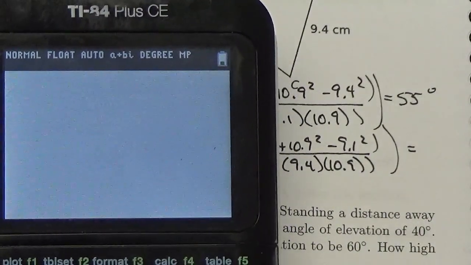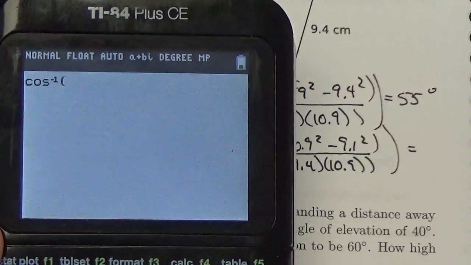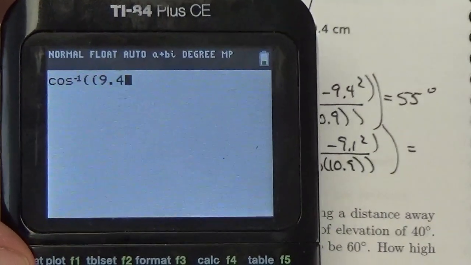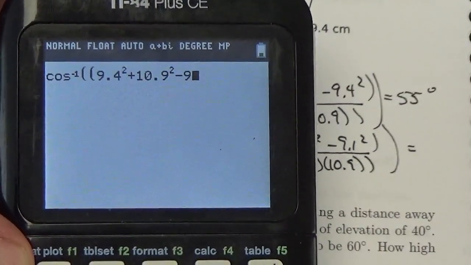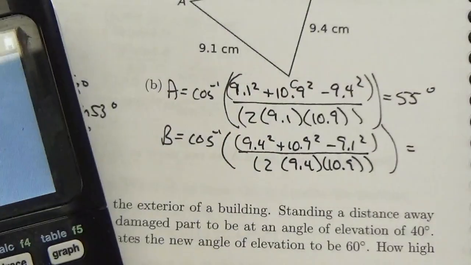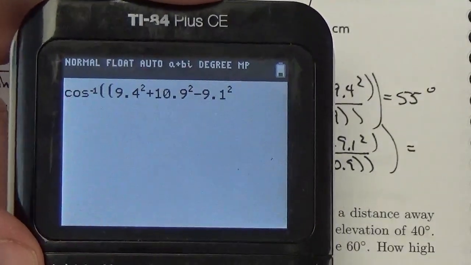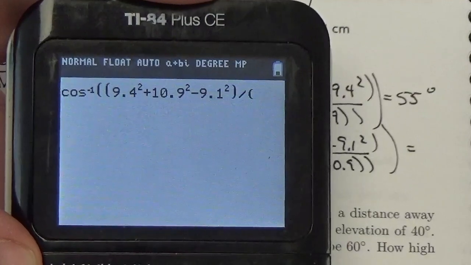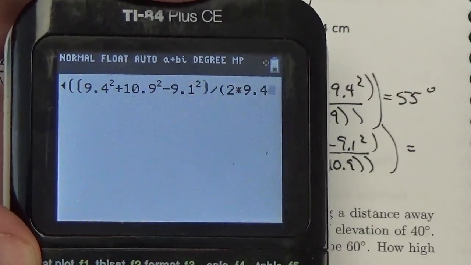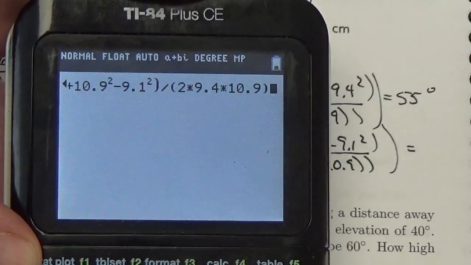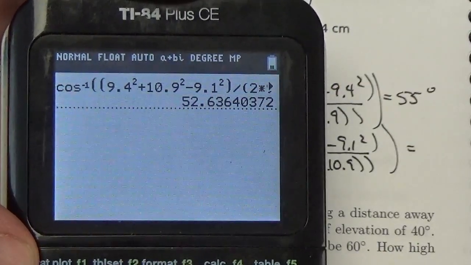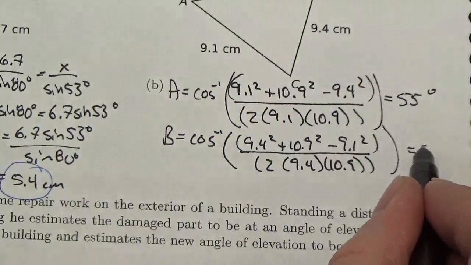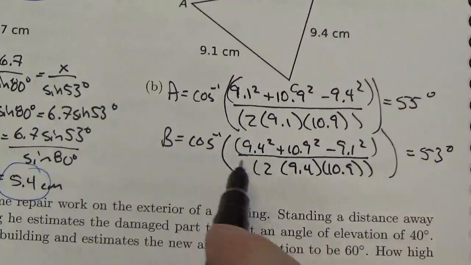So that'll be the inverse cosine of, another set of brackets there. So 9.4 squared plus 10.9 squared minus 9.1 squared. Did I get that right? Yep. Close brackets. Divided by open, 2 times 9.4 times 10.9. Close for the denominator, close overall. And we get, rounded to the nearest whole, 53 degrees. So that's B and that's A.